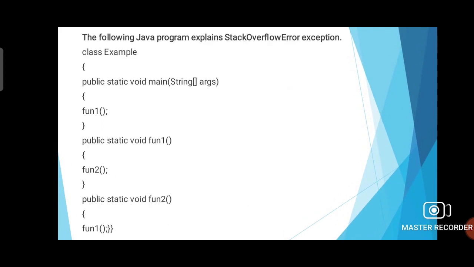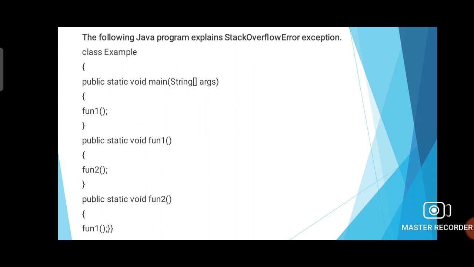Next we can see the program to explain the stack overflow exception. Stack overflow exception means if a function is called a number of times, a stack entry will be added.